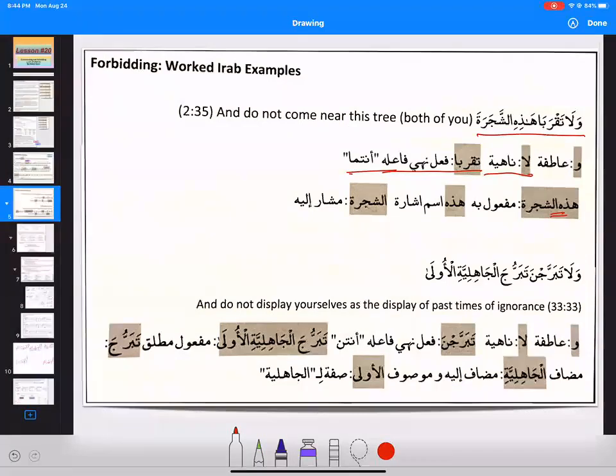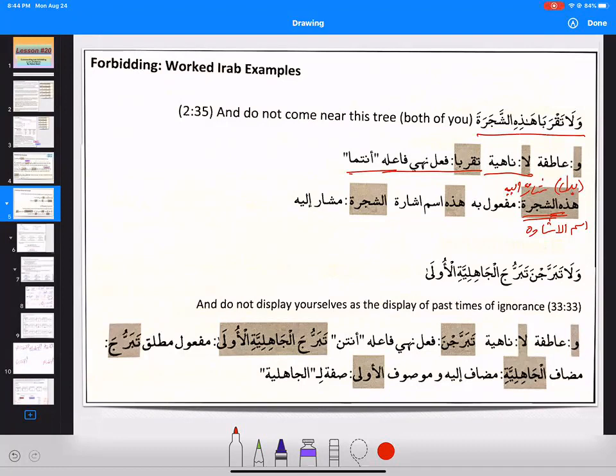So whenever you have a pointer fragment, the musharun ilayhi, this is called ism ishara, right? So hazihi is ismul ishara, and the other part is called musharun ilayhi, the thing that is pointed to. Whenever we have musharun ilayhi, meaning we have ism with al, then this musharun ilayhi basically is the badal or substitute. This is the easy way to find badal.